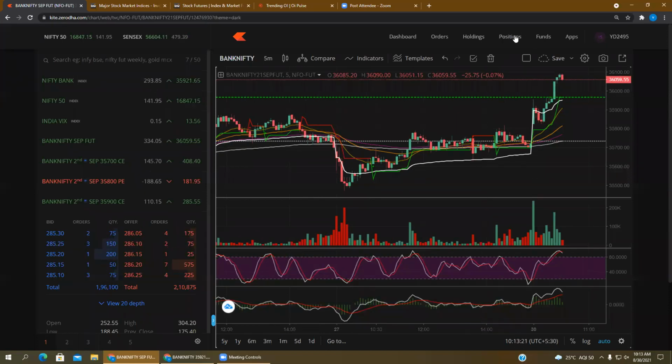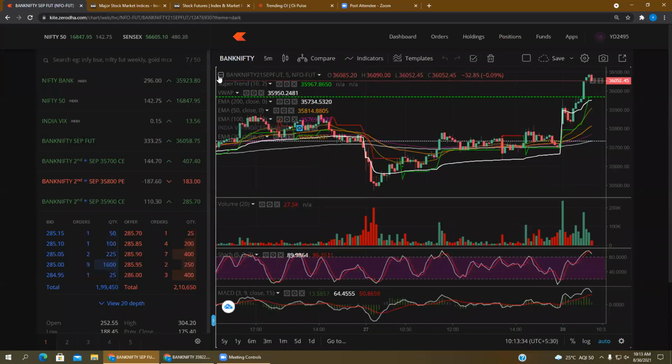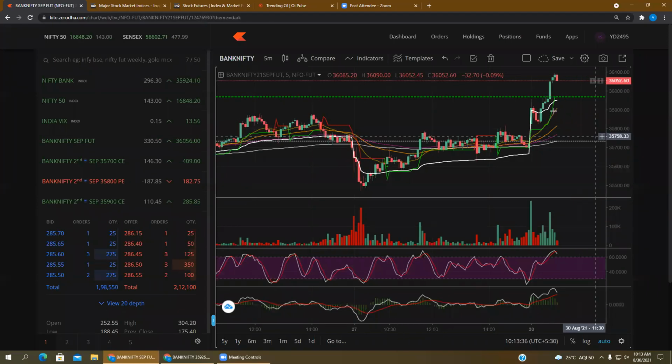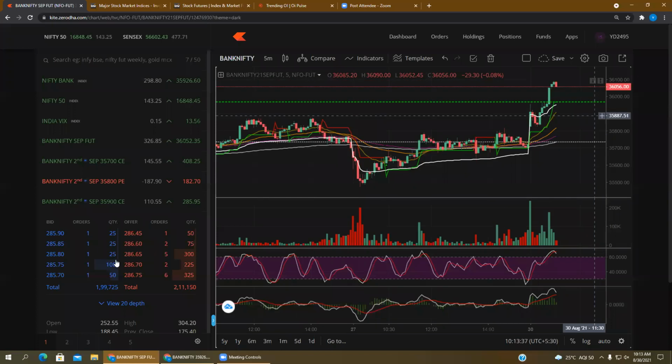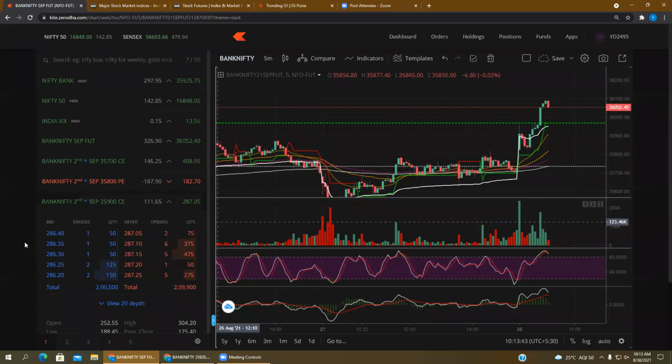This is after the profits that I put the stop loss, I'm okay with that. Now let's see if this candle turns green. If this candle turns green, then I'll add more. If it doesn't, then I'll wait.